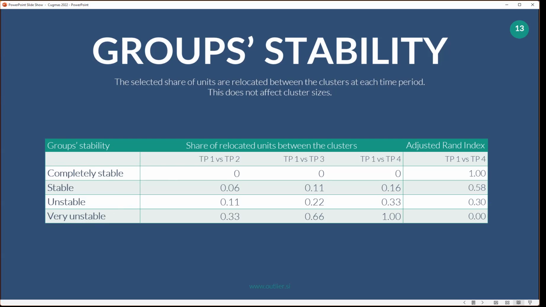Here, if we compare the first partition, so the clusters observed at the first time point, and the last partition from the last time point, these 2 partitions would be completely independent. And then we have also stable and unstable cases somewhere in between. We generated these different partitions by randomly relocating a certain amount of units between the clusters. So in the completely stable case, we did not relocate any units, and here we relocated all the units.